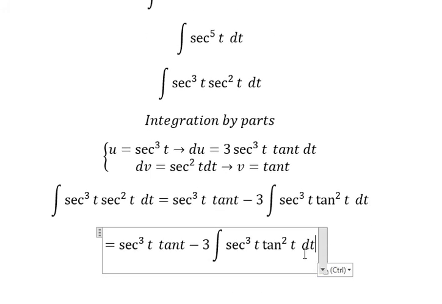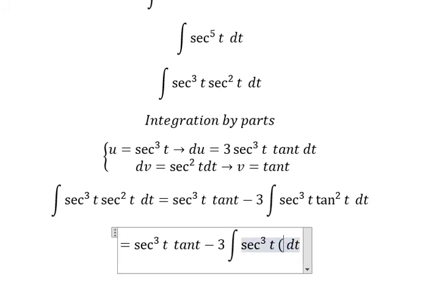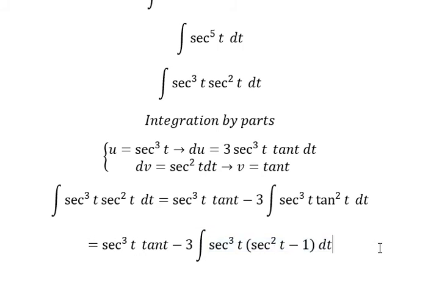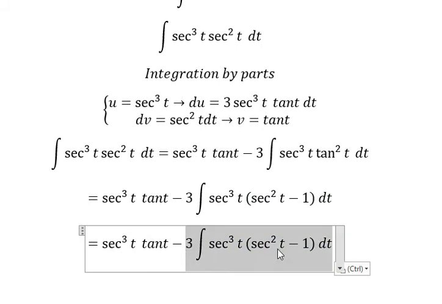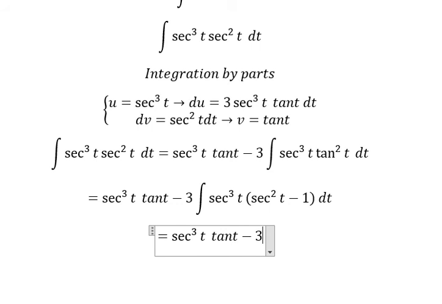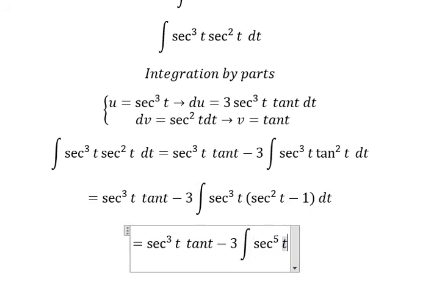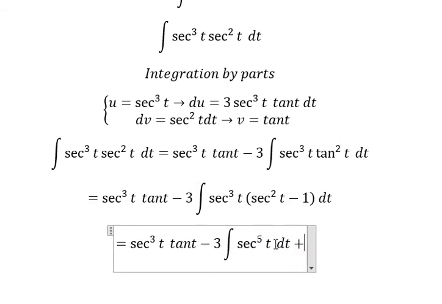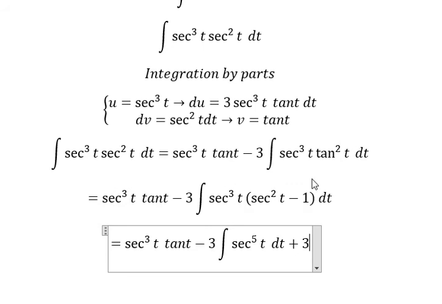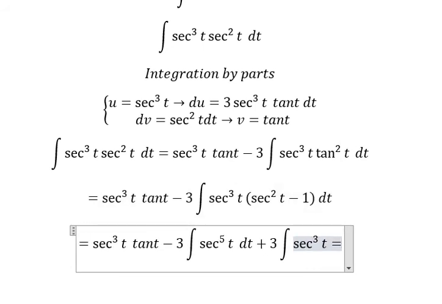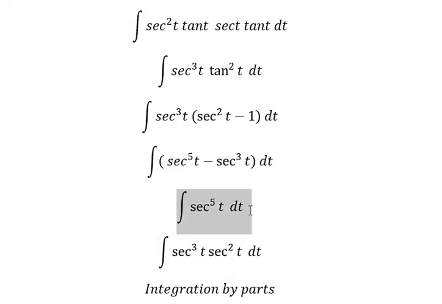About tan t squared, that is secant of t squared minus 1. And now we need to expand this one. You get negative 3, the integration of secant of t to the power of 5 dt plus 3, and we have the integration of secant of t to the power of 3. And we know that everything in here equals to this one.